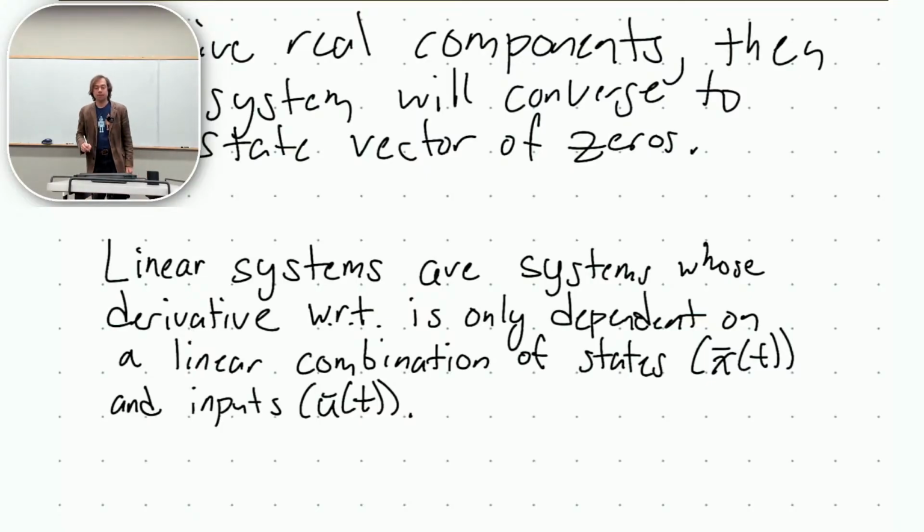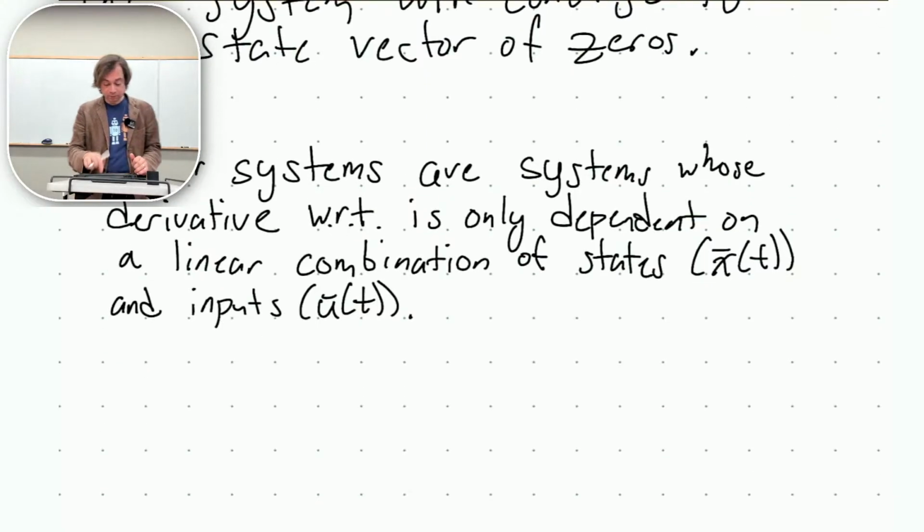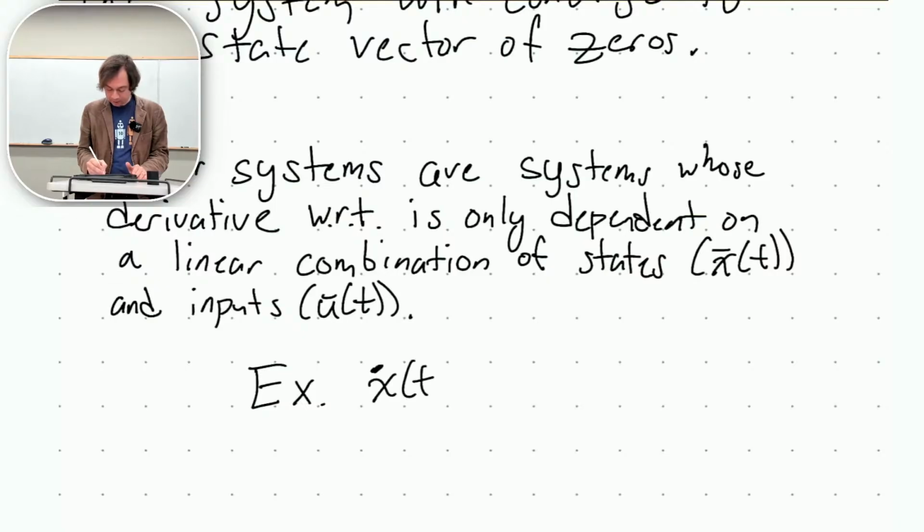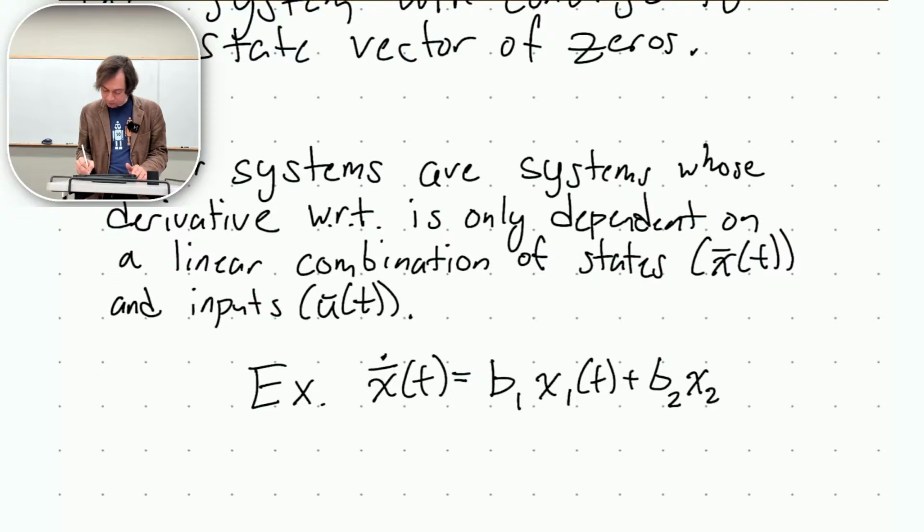Okay? And a linear combination, for example, is just, so it'll be x dot of t plus b1 times some state x1 of t plus b2 times some state x2 of t plus dot dot dot. You have as many states as you want.